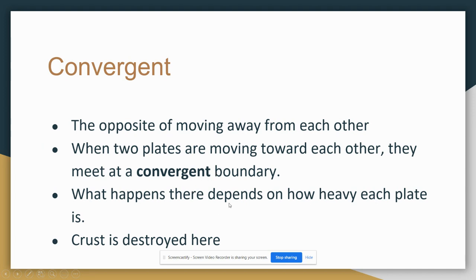Well, what happens when two plates crash into each other is going to depend on how heavy each one of those plates are. But regardless of how heavy they are, crust is always going to be destroyed here. So crust is created at divergent boundaries and it's destroyed at convergent boundaries.